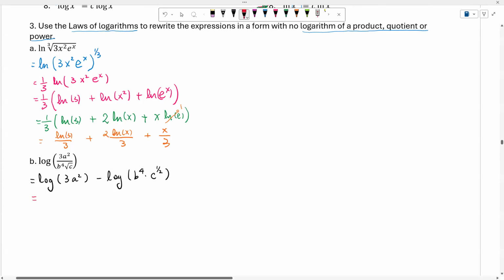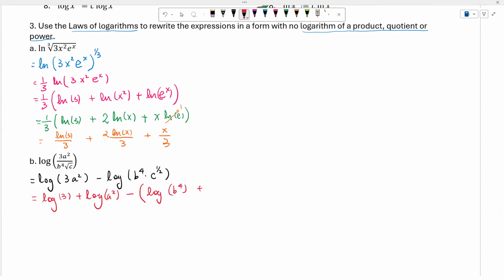Then I will have log of 3 plus log of a squared minus, this one would be log of b to the 4th plus log of c to the 1/2.